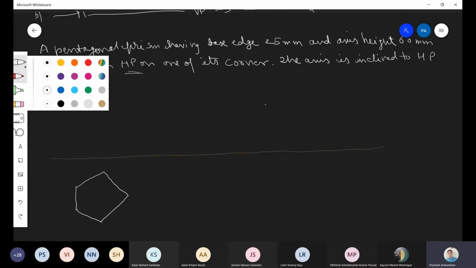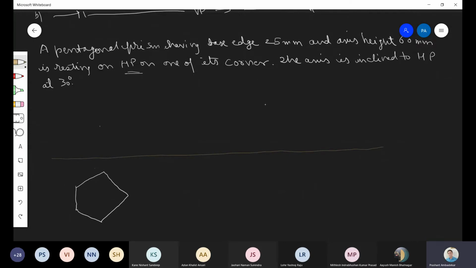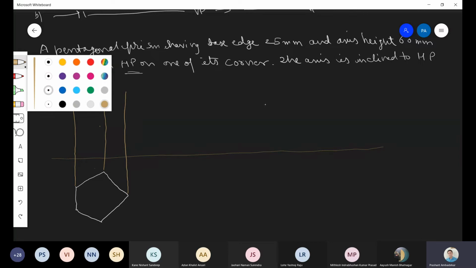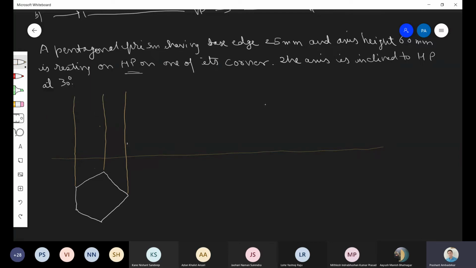Then what will we do? We'll project it in the front view, and then we'll draw the front view. This is the front view.